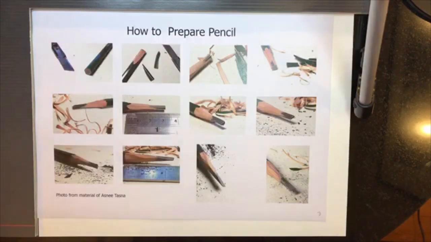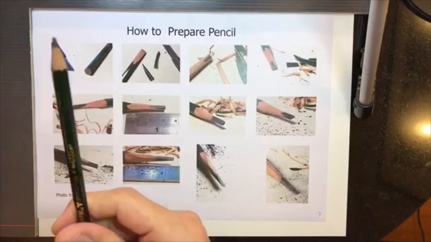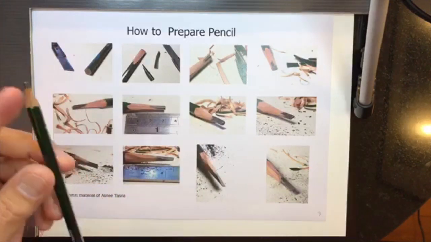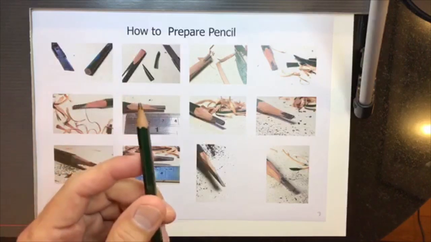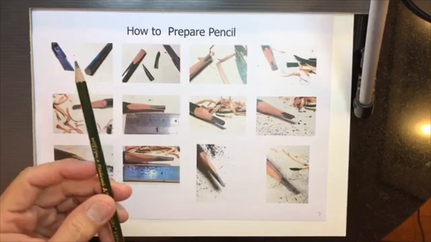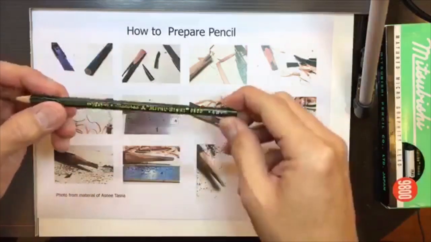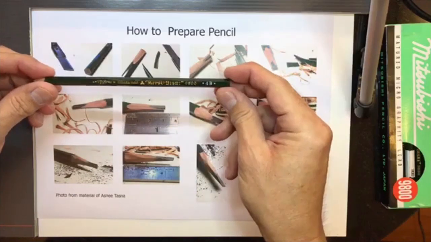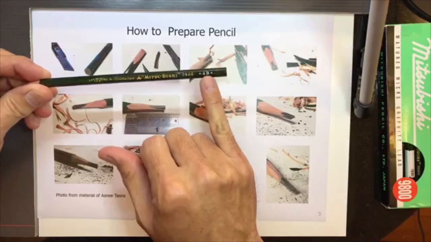Before we start, I will show you the pencil. This is the normal pencil, right? And the pencil I use is Mitsubishi. The brand I use is Mitsubishi 4B or 5B.